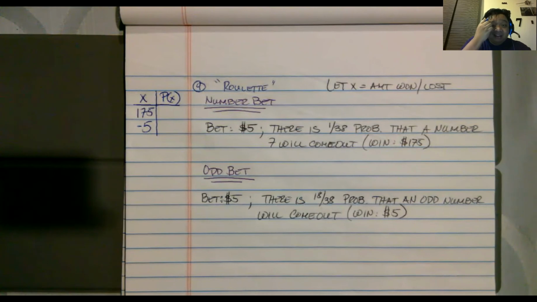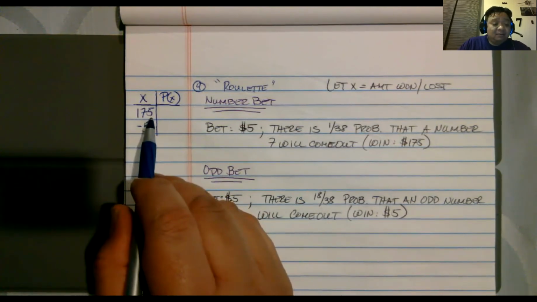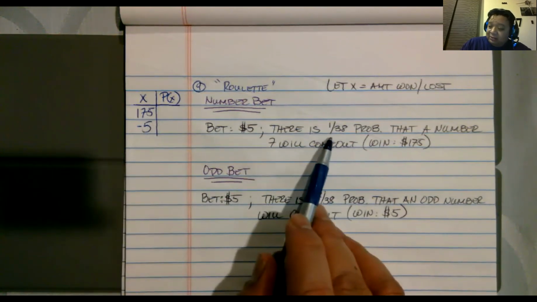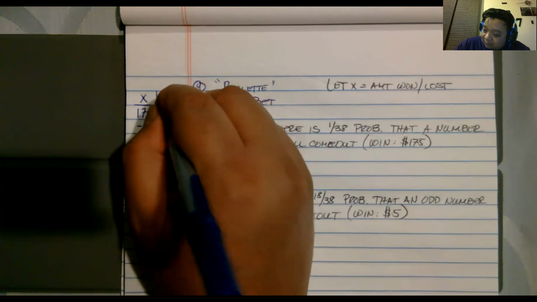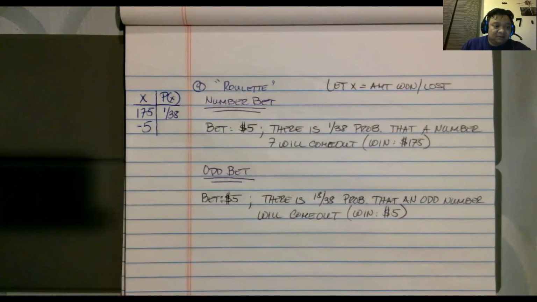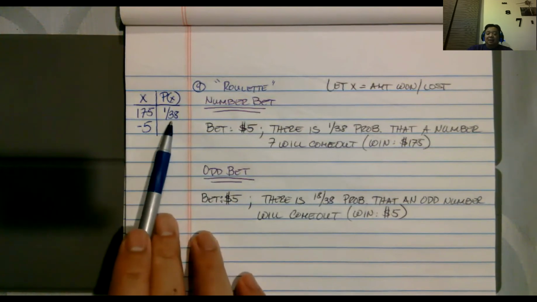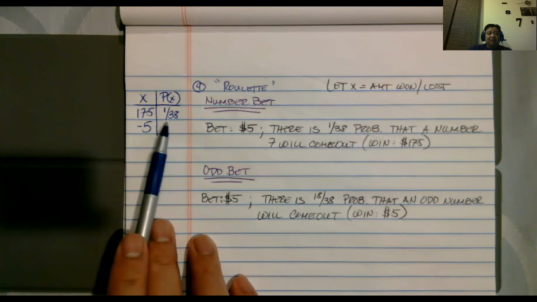Okay. So now what's the probability of winning then? And again, I told you leave it as a fraction on this one. The probability of winning is right here, right? So it's 1 out of 38. Now, the reason we're leaving it as a fraction is because we're going to do something with this in a bit. For now, you can certainly use the decimal value, but I'm going to use the fraction. It's 1 out of 38.